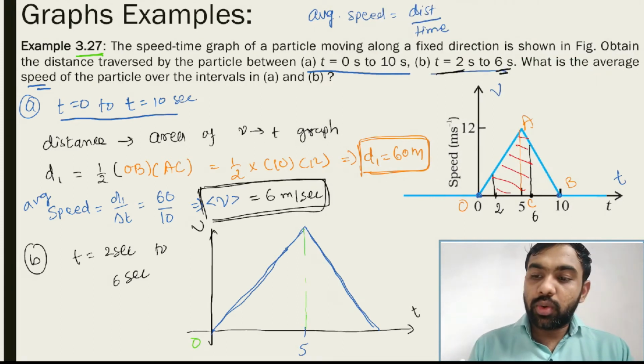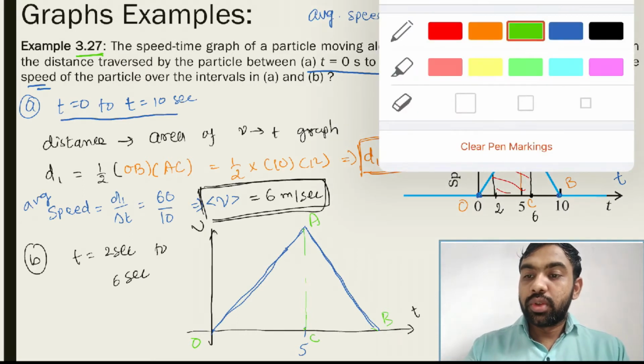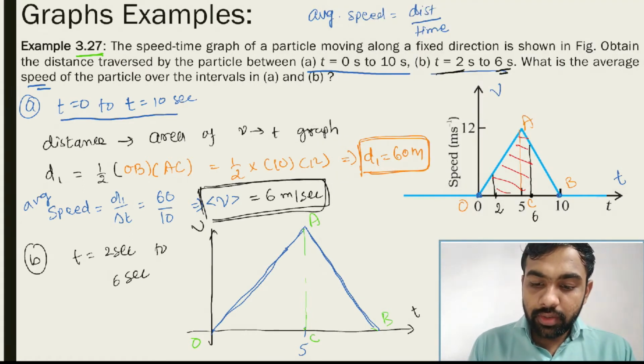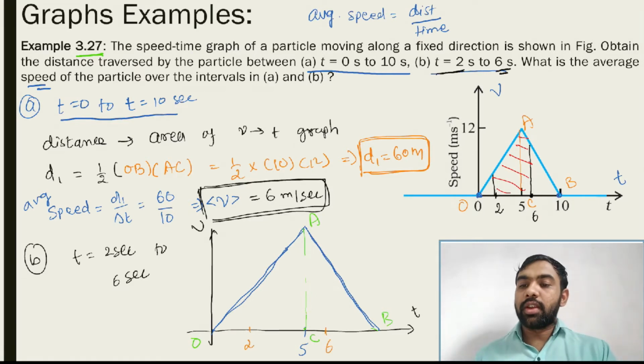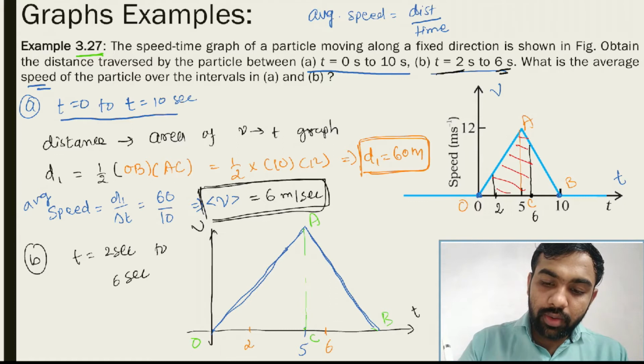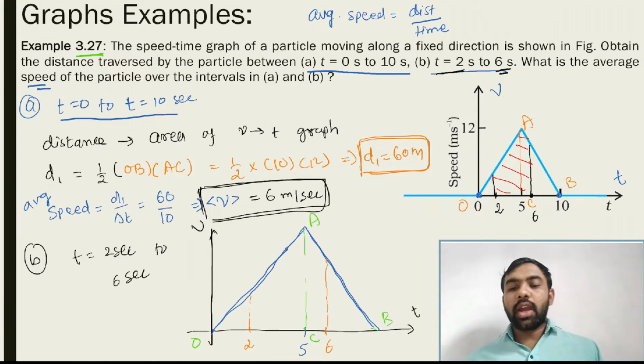Let's give some points: O, A, B and C. So 2 is somewhere here and 6 is somewhere here. We have to find the area between those two orange lines. So how do we get this?